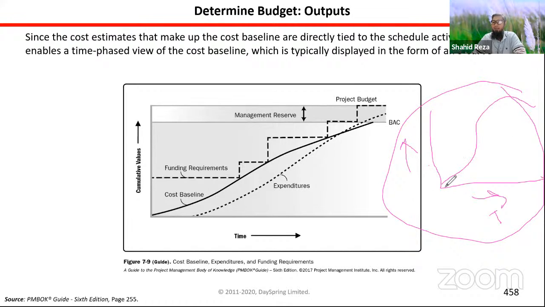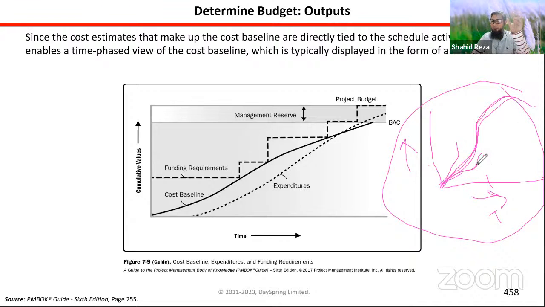At the beginning, we draw this figure with our plan, project budget or cost baseline. And after, say, 3 months, if you draw how much cost you have actually spent, the figure may be below this line, above this line, or on the same line. If on the same line, that means we are working as per plan.